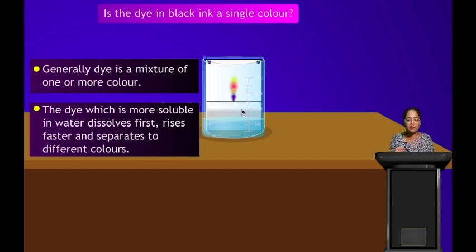All of these components dissolve in water, but some dissolve faster, some slower. The one which dissolves faster moves faster through the filter paper, and the rest move slower. That is why we see yellow on top, then red, then blue, and then black. This is how it gets separated, because all of these dyes are soluble in water.